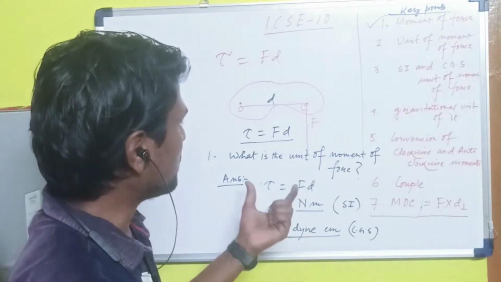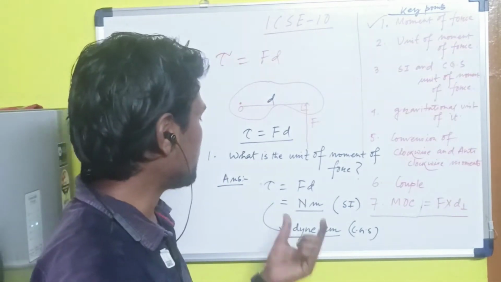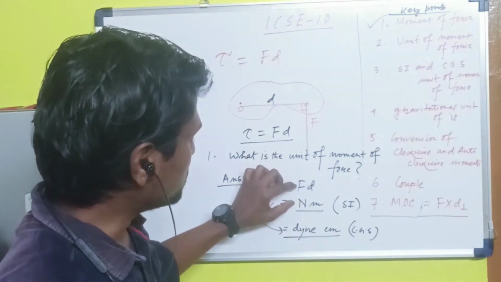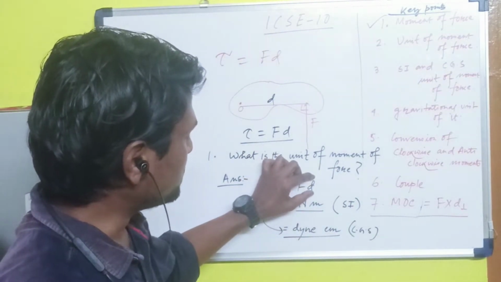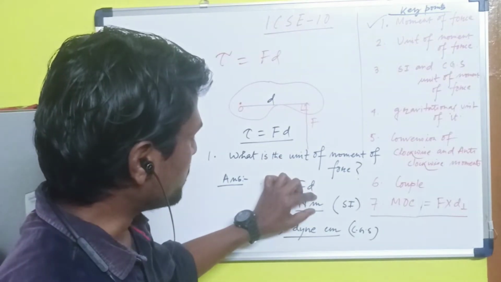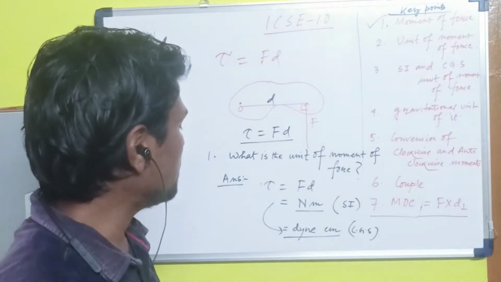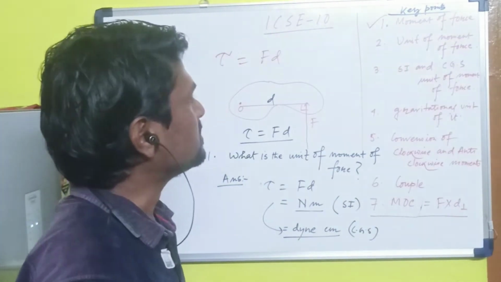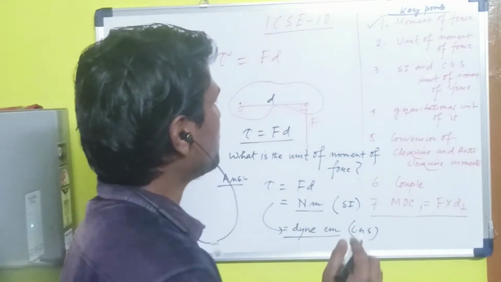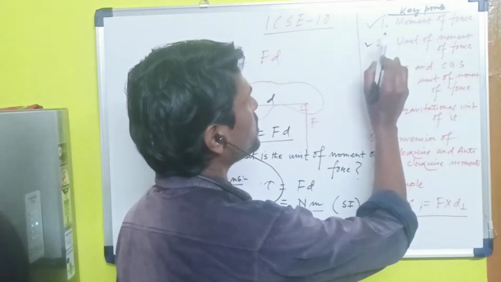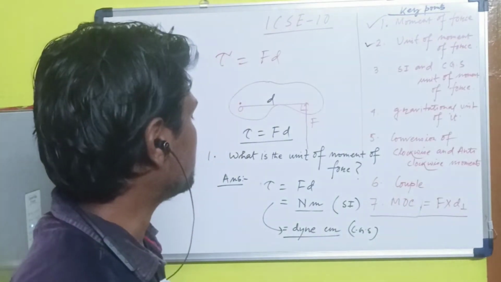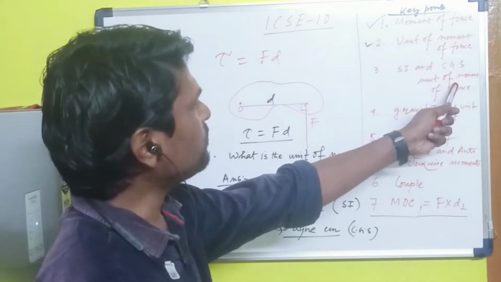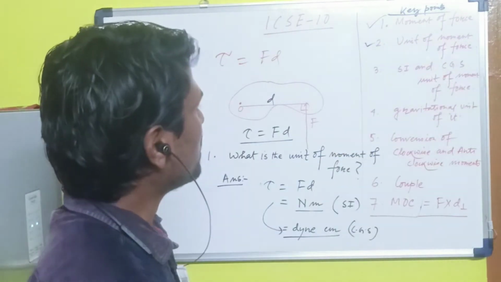You have to memorize the formula, then in place of force write Newton and for distance write meter. So Newton meter is the SI unit and dyne centimeter is the CGS unit. The second topic, the SI and CGS units of moment of force, is completed.